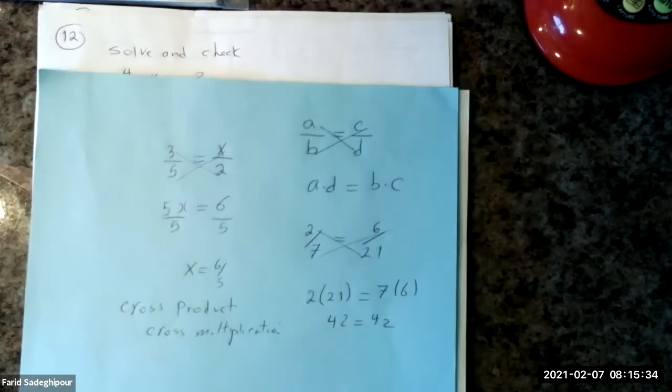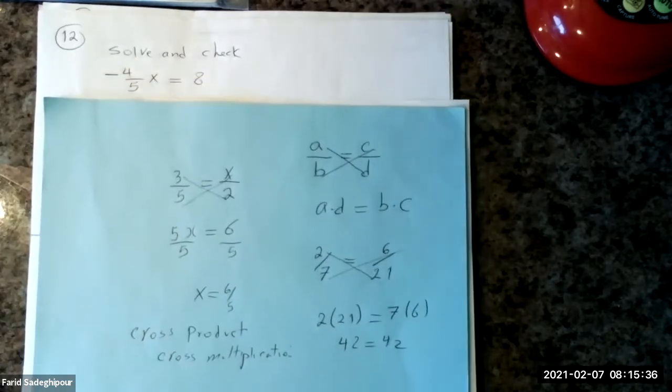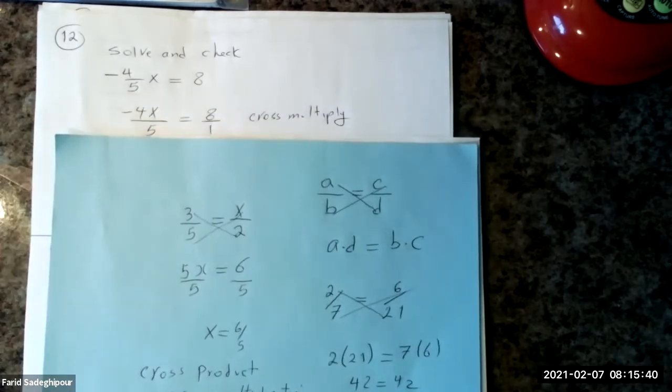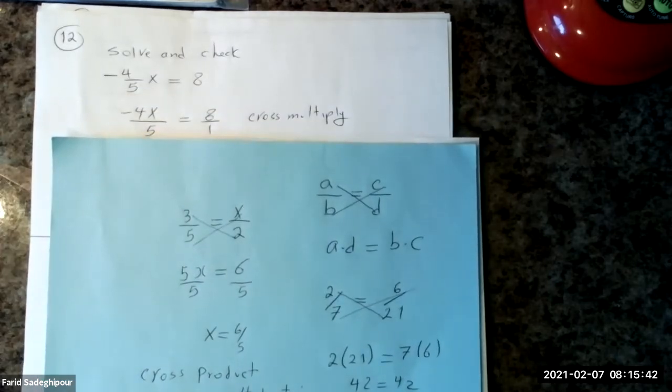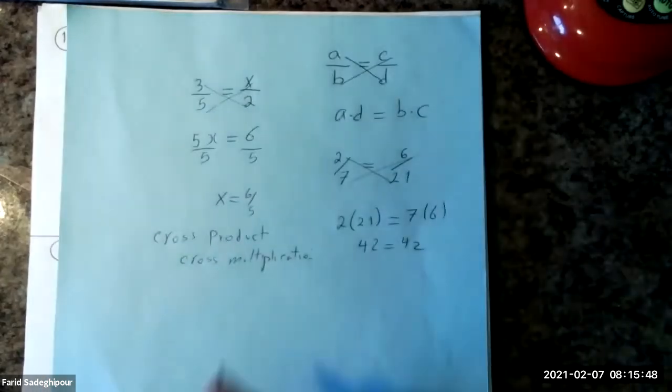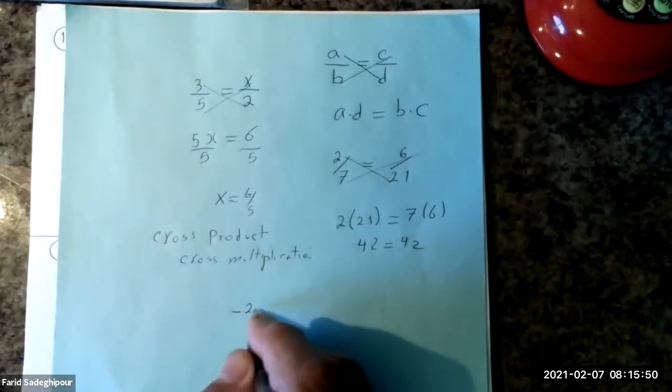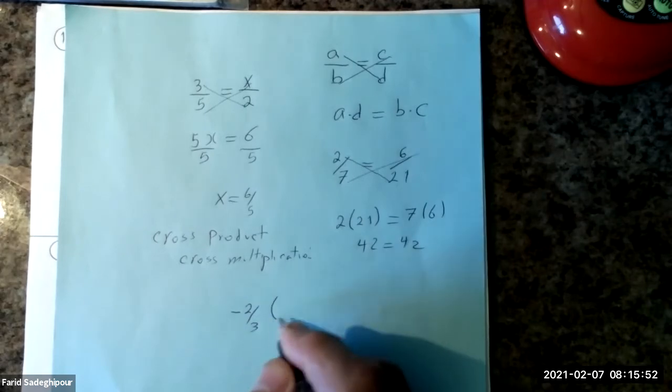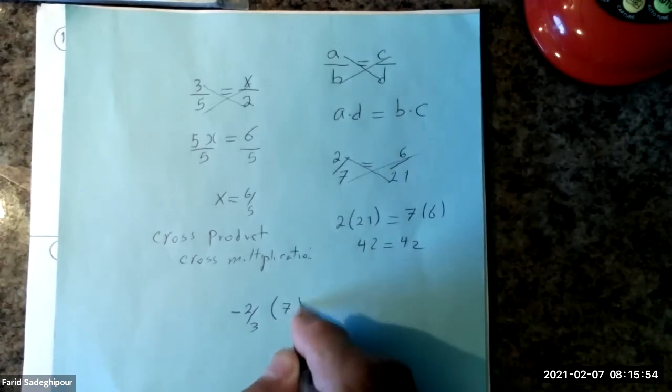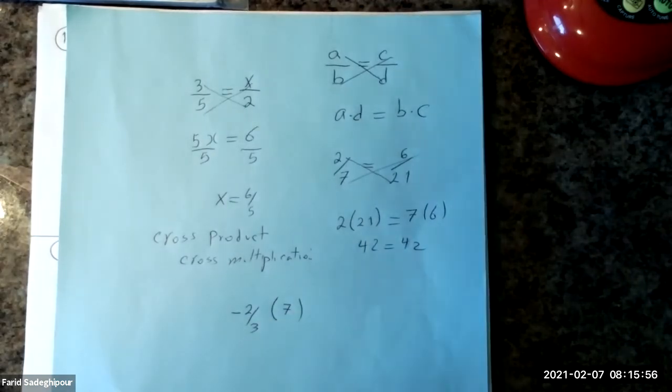So we are using that property here. Now, first I write it like that. See, it's like if you have, let's say you have -2/3 multiplied by 7. Let's look at this.